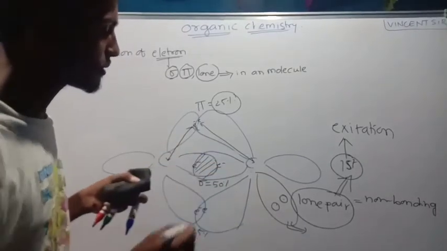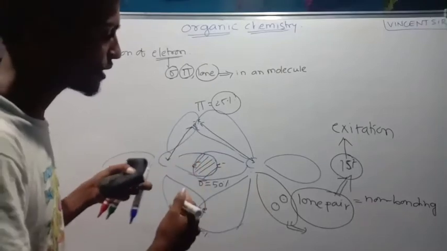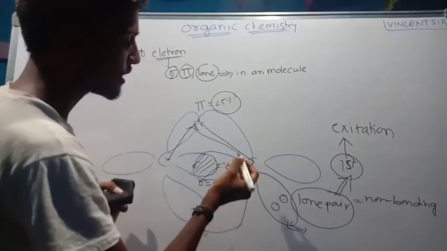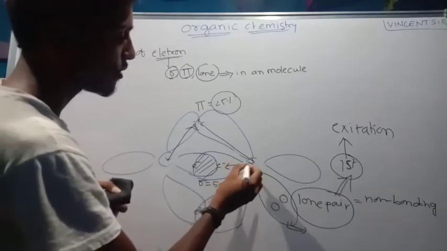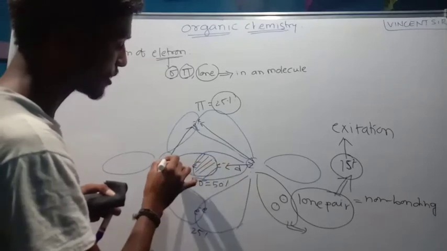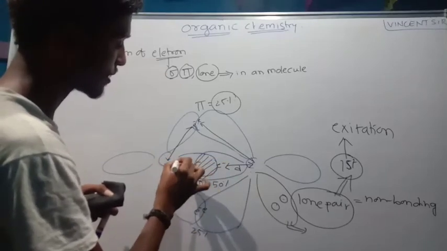50% overlapping means there is maximum overlapping of the atomic orbitals, that's why the distance is very less from the nucleus of this atom to this electron, and from the nucleus of this atom to these electrons.